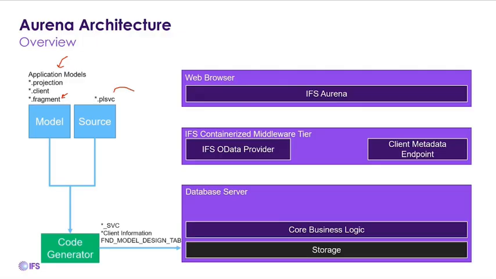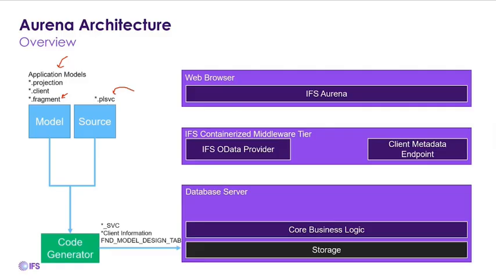So actually this dot plsvc file contains implementations when we are working with functions and actions. So if you want to implement a business logic, we will be using this .plsvc file. Along with that, we have other kinds of files as well when we are doing the modeling part. Once we're done with that, we have the model files and we have the source file.